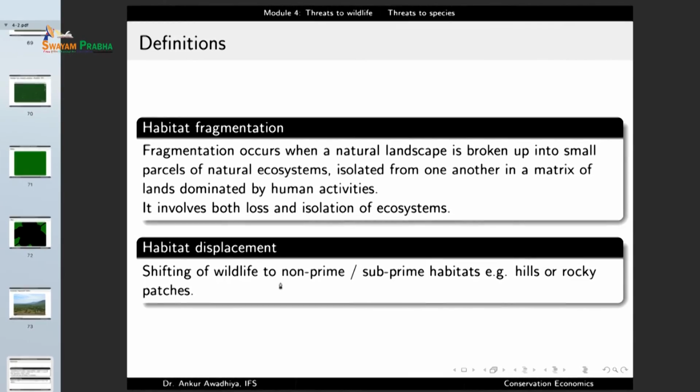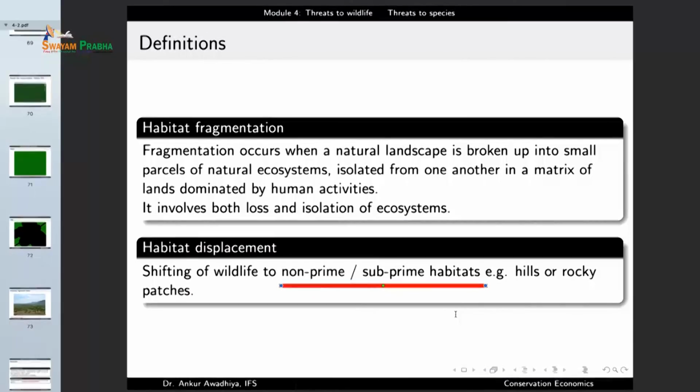Now, why are these hilly areas non-prime or subprime habitats? Because they do not have a sufficient amount of fodder, they do not have a sufficient amount of water, and so they are subprime habitats. And in this process of habitat displacement, the wildlife has been shifted from a prime habitat to a subprime habitat, such as hilly or rocky patches.